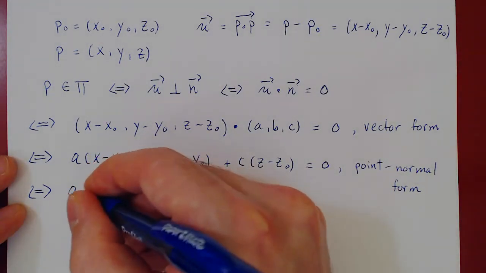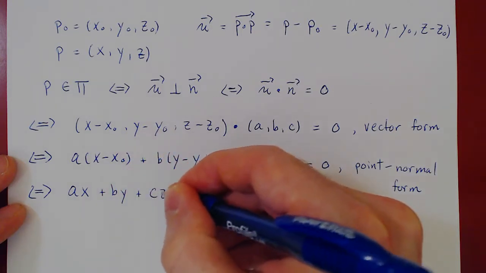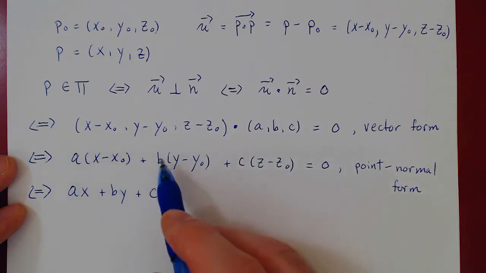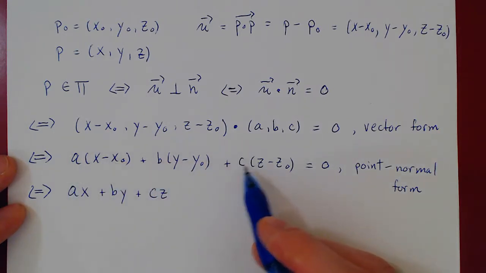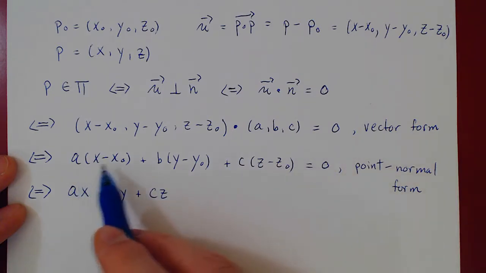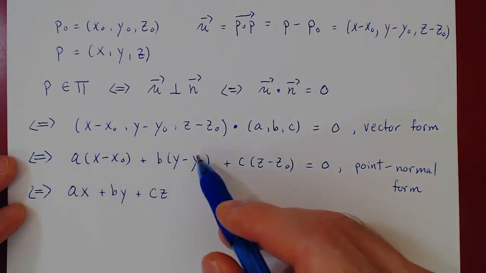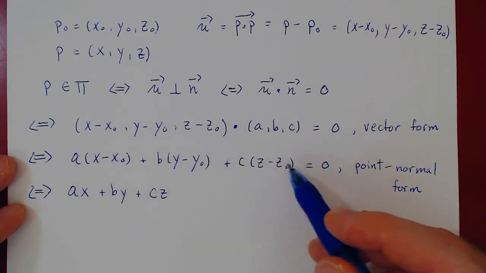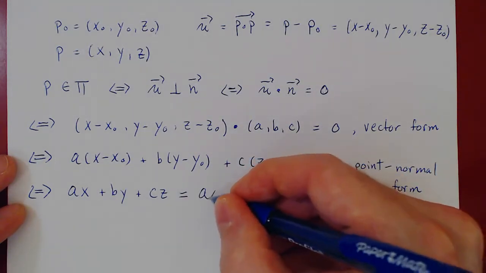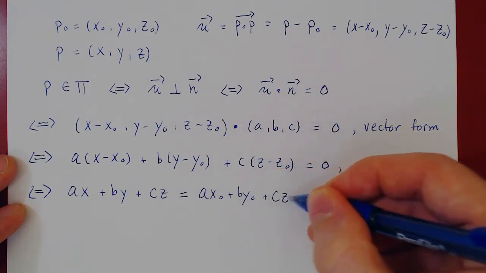So we'll have ax plus by plus cz, and then we'll be left with negative ax naught, negative by naught, negative cz naught is equal to 0. But then we'll send these three terms to the other side, and of course they will become positive. So plus ax naught, plus by naught, plus cz naught.